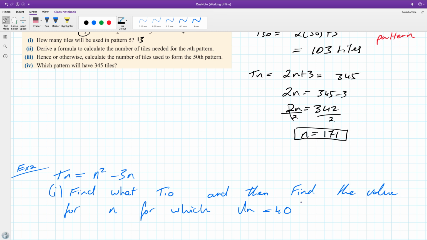So off you go. Find for me what T10 is, and then find the value for n for which un is equal to 40. Adam, what are we doing simply for the first bit?